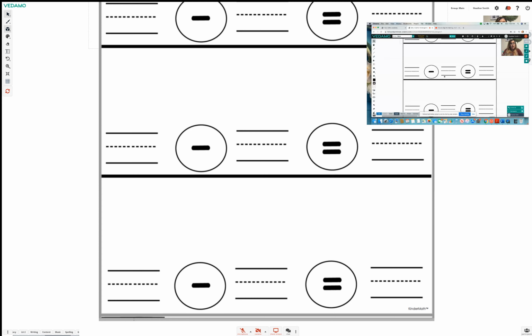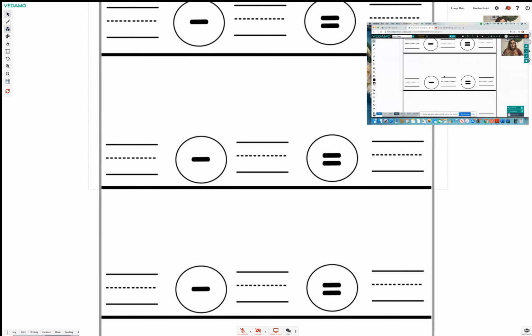For the last one, I had 8 pieces of candy, but I gave 7 to my friends. How many do I have left?